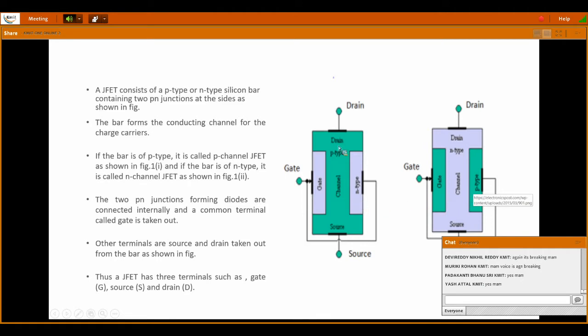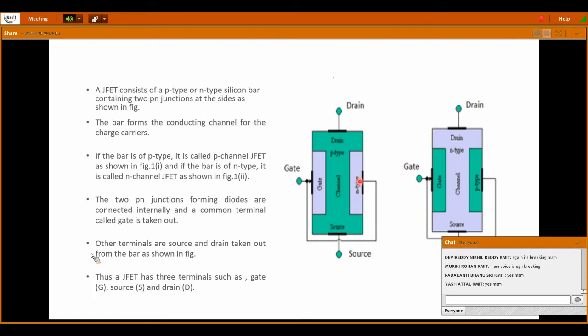In the first diagram, you can see a channel which is made up of P-type. See here, this is P-type. If the channel is of P-type material, then it is called a P-channel JFET, and an N-type material is injected into the P-type substrate.